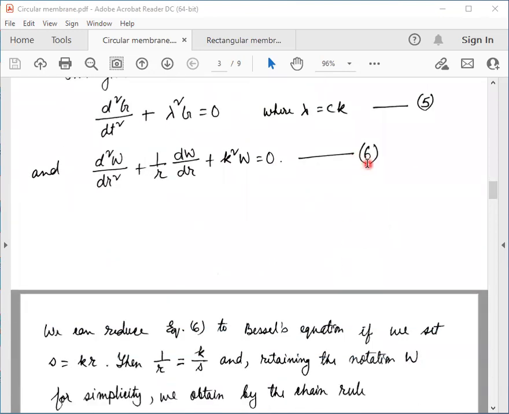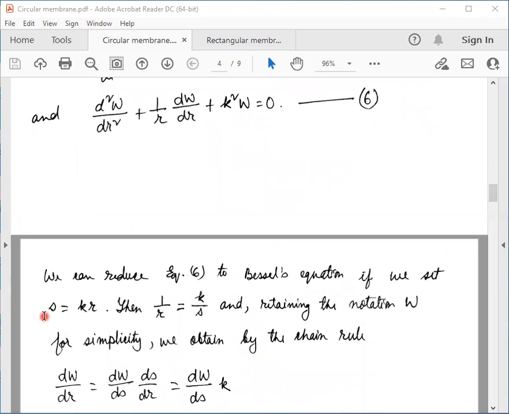This equation number 6 can be reduced to Bessel's equation if we set s equal to kr. So we have introduced a new variable s, which is equal to k times r. Then 1 by r is equal to k by s, and we still retain the notation w, because w was initially a function of r, and if we substitute s equal to k times r, then we shall get a new function depending upon s, and we shall still call the new function w.